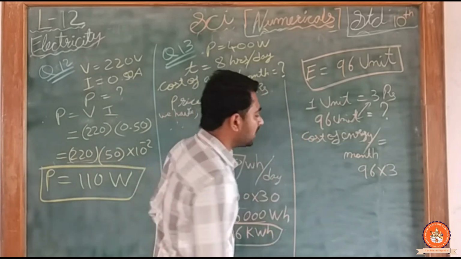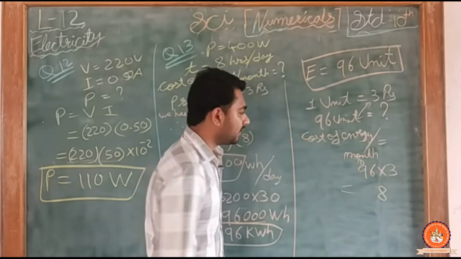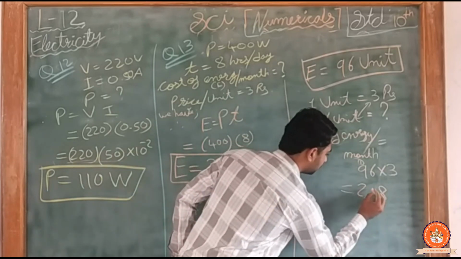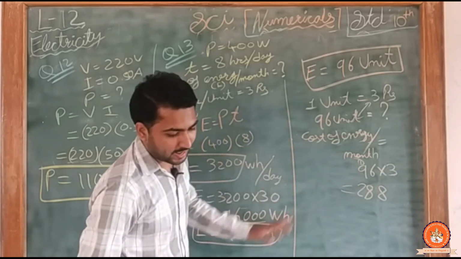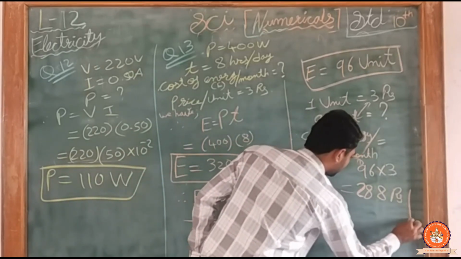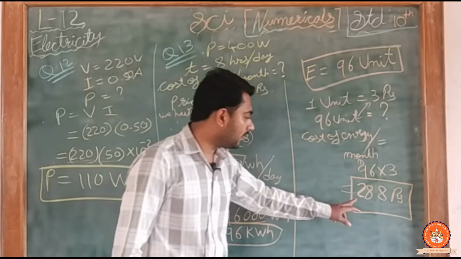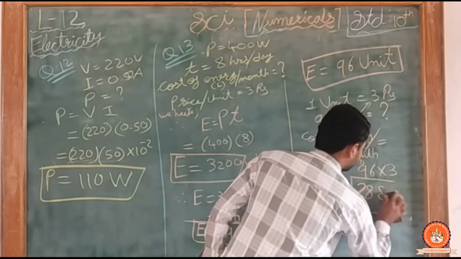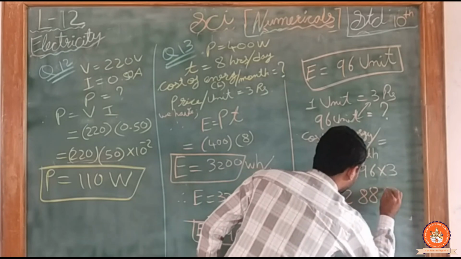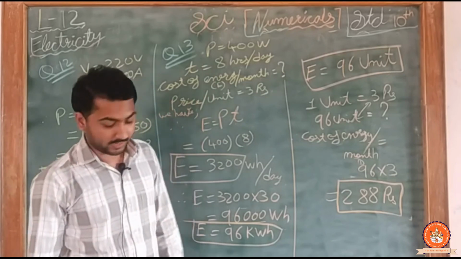Now 96 multiplied by 3, how much do I get? 6 3s are 18 and 1 on the carry. 9 3s are 27 and 1 is 28. So here I get my answer in rupees. So I will consume energy worth 288 rupees. This is my answer at the end.